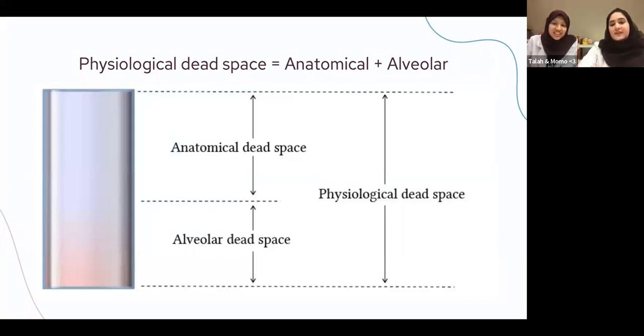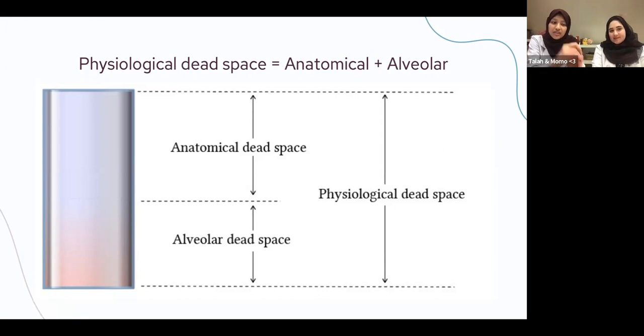Okay, can you repeat it briefly? Sure. Anyways, there's something called physiological dead space in our lungs, and it's normal to have that, if it's not extreme. We have anatomical dead space and alveolar dead space.